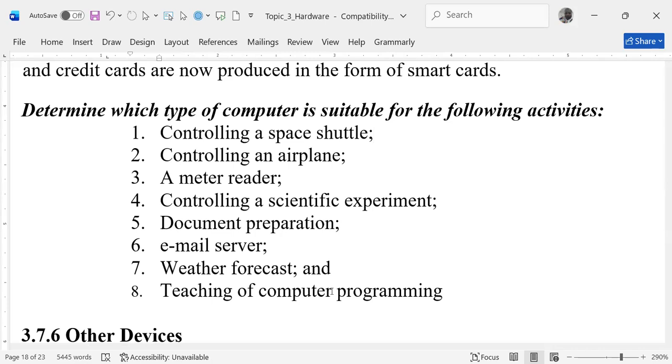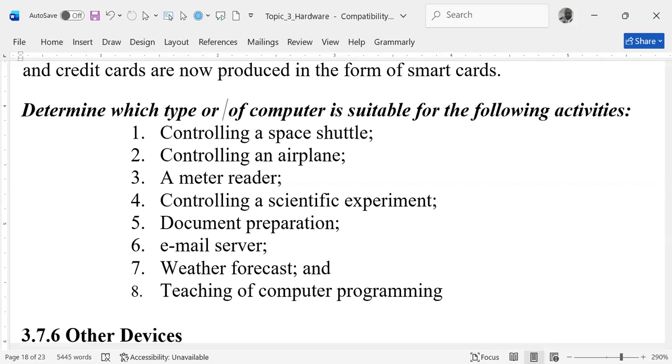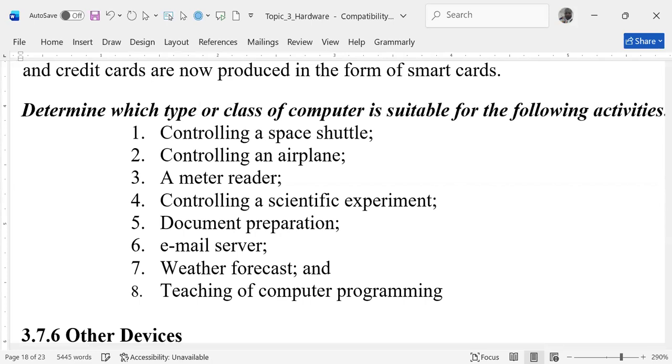Which type of computer? And I've given you classes of computers: mainframe, super, and so on. You understand now? Yes. Which type or class of computer? Are you okay?